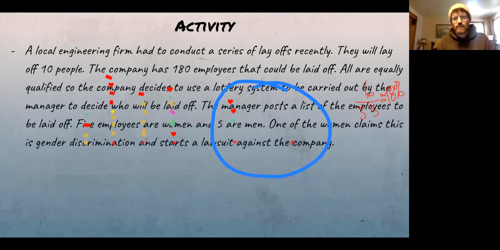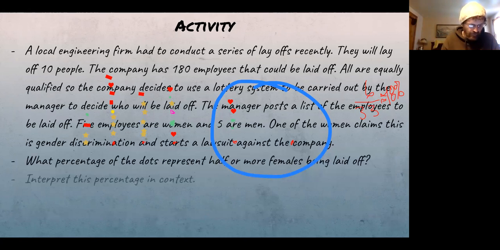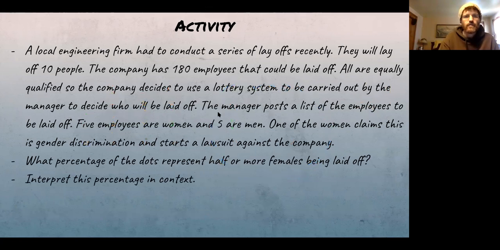So let's interpret this in context. I will clear all the drawings real quick. Okay, so assuming the lottery was fair, this is a lottery you don't want to win.